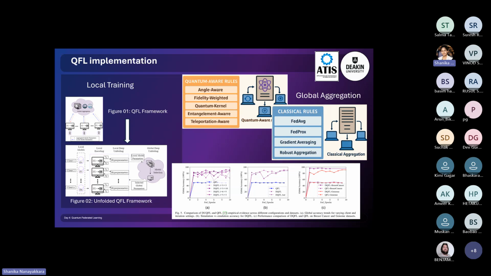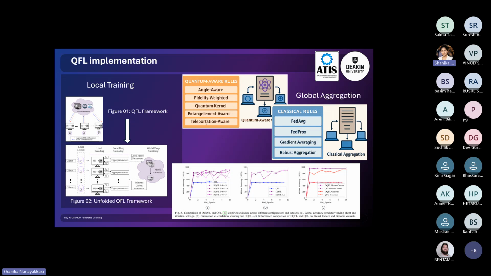Fidelity-weighted means that clients with higher fidelity will have more weight, meaning they get a higher score in the aggregation process. Quantum kernel aggregation aggregates the quantum kernel matrix, as in QSVM where we use quantum kernels. I hope you got the idea yesterday. Entanglement-aware means aggregation depends on the entanglement quality.